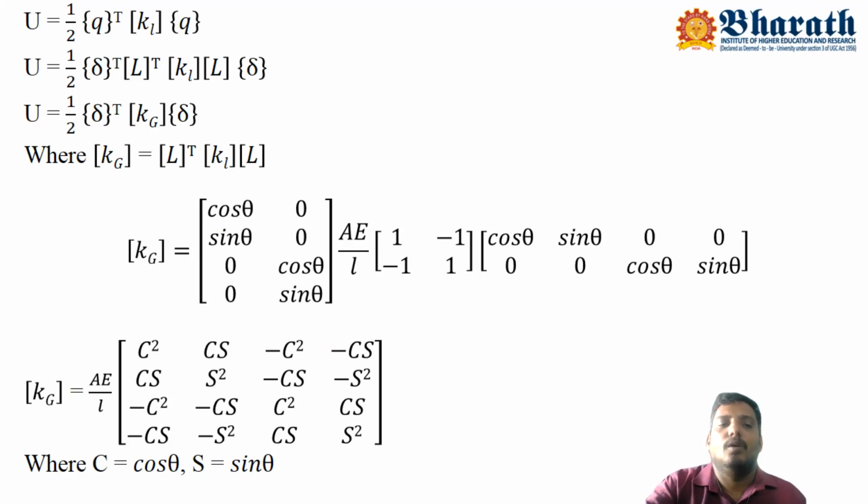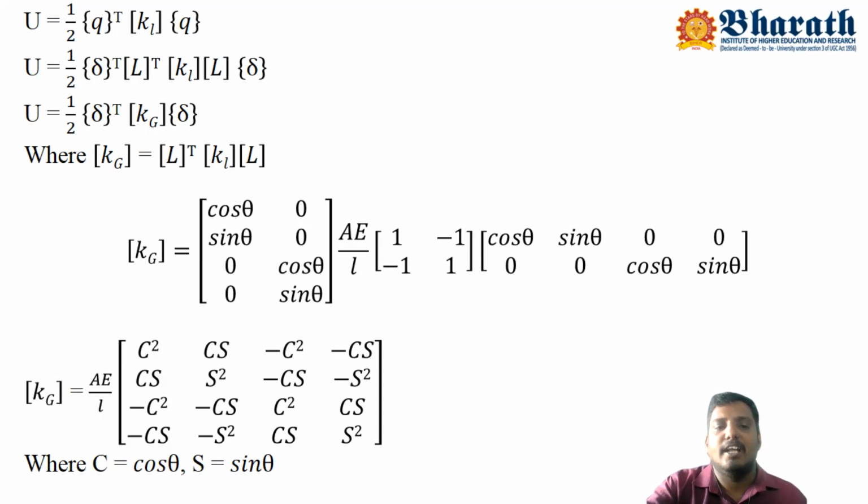Then we will get U is equal to 1 by 2 del transpose, where L transpose KL into L indicates your stiffness matrix in global coordinate axis system, kg times into del. Therefore kg is equal to L transpose KL into L. It will indicate your stiffness matrix for a truss element in global coordinate system.